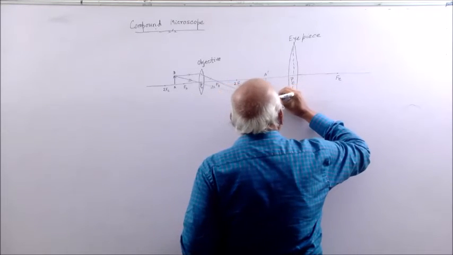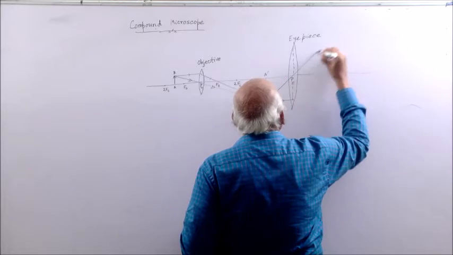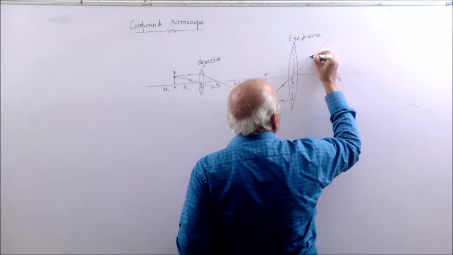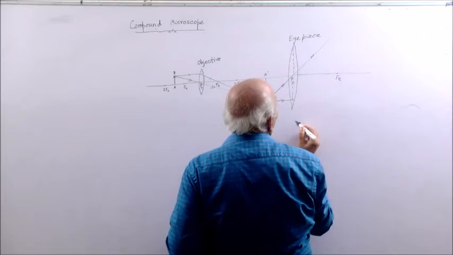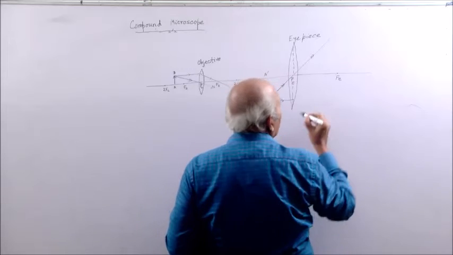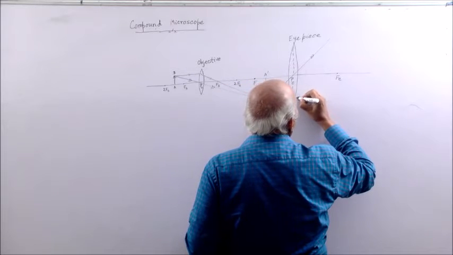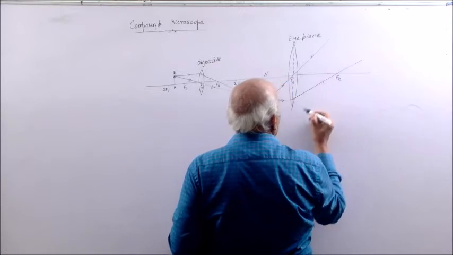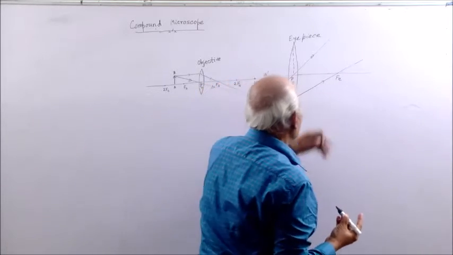We pass a ray through the optical center, which goes straight, and the ray which is parallel to the principal axis passes through the focus. But as you see, they diverge.